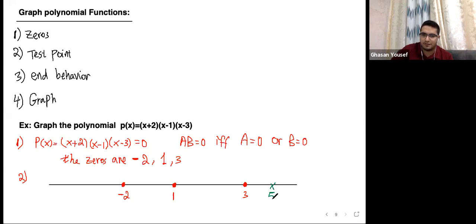Plug this 5 inside b of x. b of 5 equals 5 plus 2, which is 7, right? So it will be positive. 5 minus 1 is 4, times positive. 5 minus 3 is what? 2. So positive.